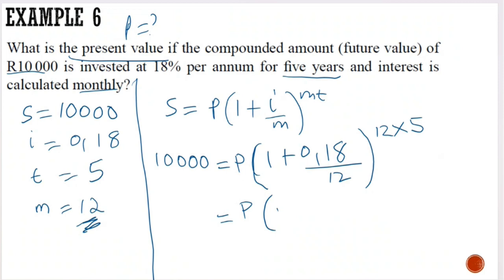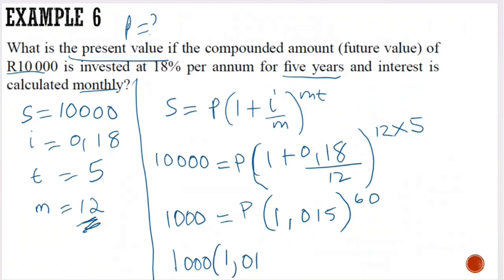This is going to give you 1,015 to the power 60, and then this is 10,000. So you can just have your 10,000 into 1,015 to the power negative 60, which is P. You are just taking this whole thing to the left-hand side. Just take a negative exponent because this one is a reciprocal.